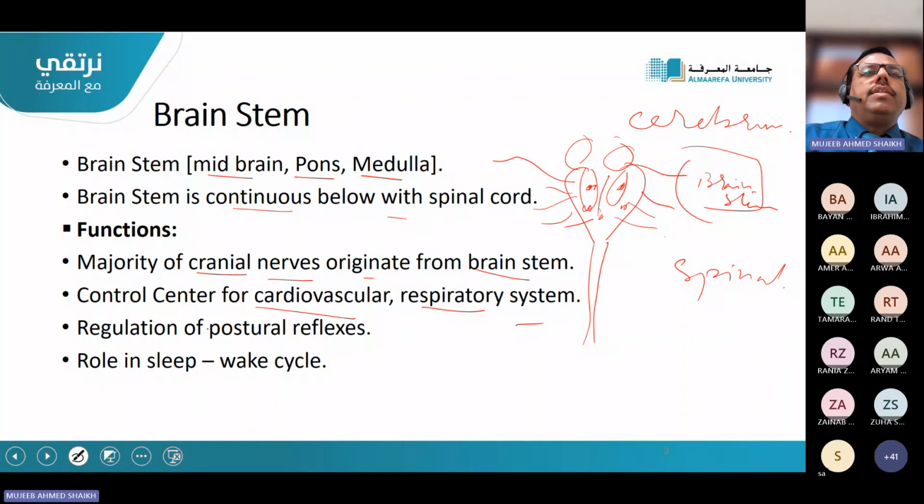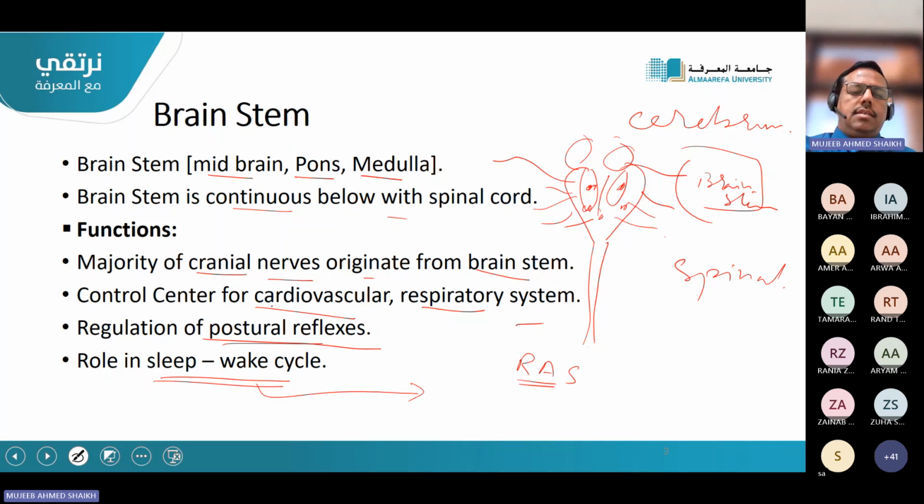Also, some of the postural reflexes are corrected by this area, that is the brainstem. Also, sleep and wakeful cycles are regulated by the neurons in this area, the reticular activating system. We have a reticular activating system located here, which is responsible for wakeful and sleep cycles.